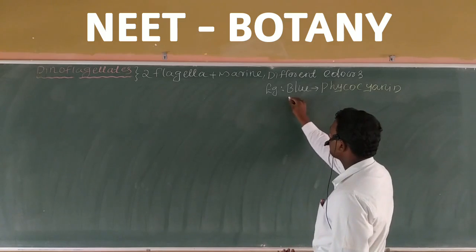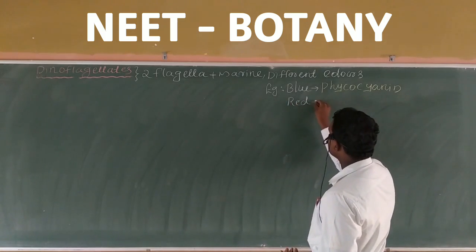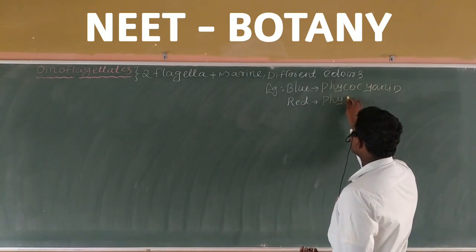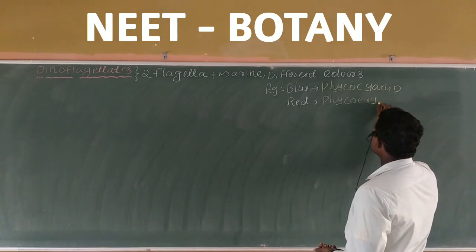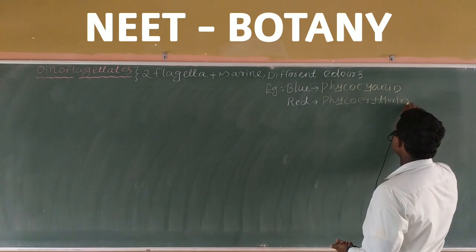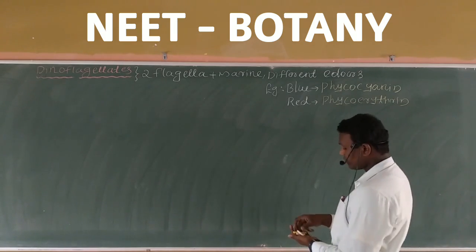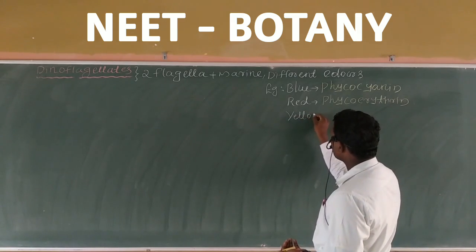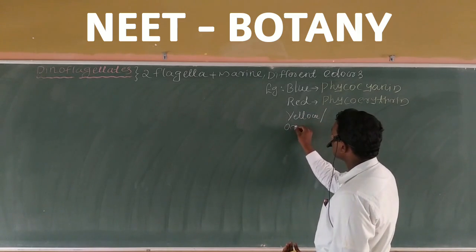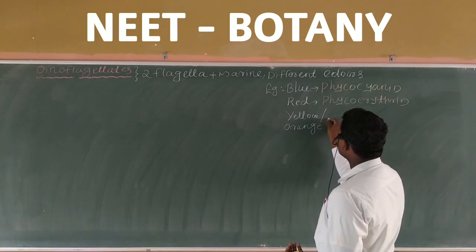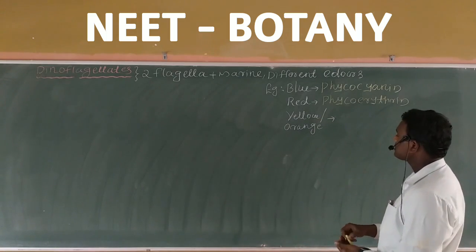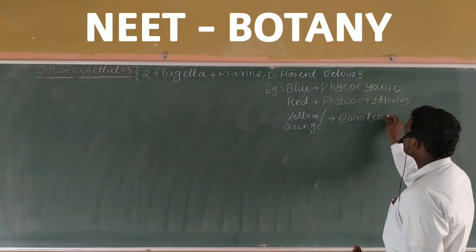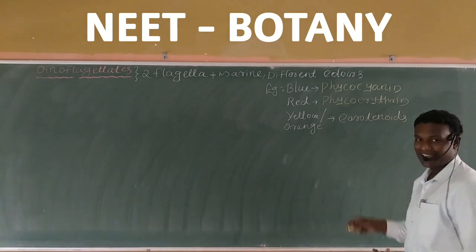Again, it may be red color due to the presence of the pigment phycoerythrin. Again, it may be yellow to orange in color, depending upon the presence of pigments called carotenoids. Can you understand me?